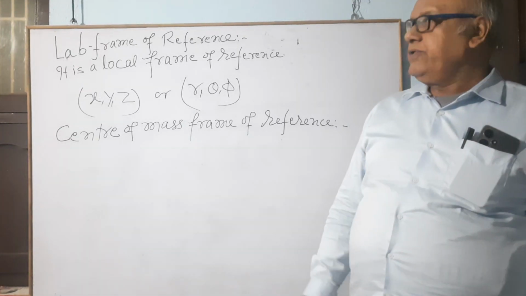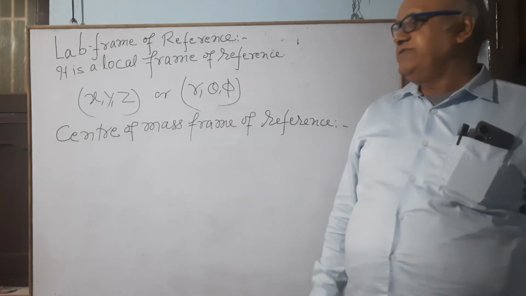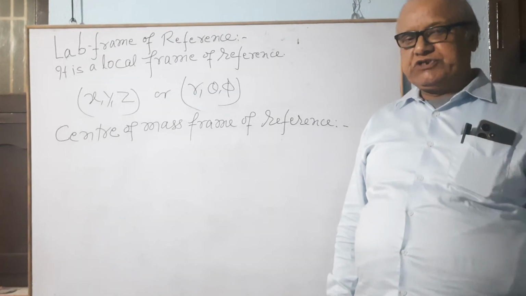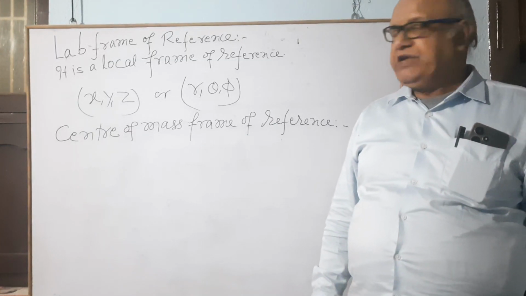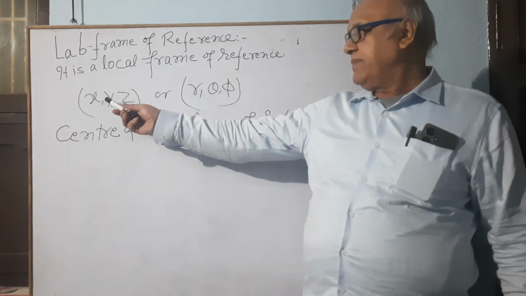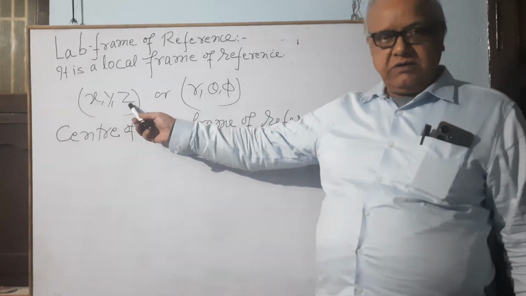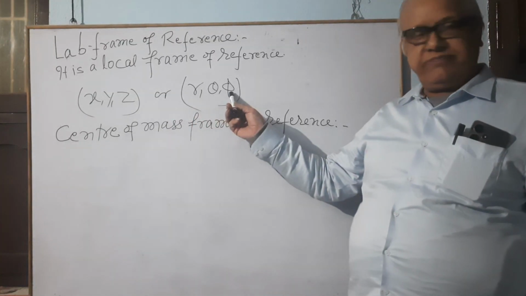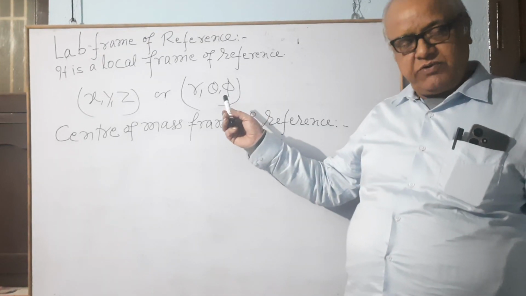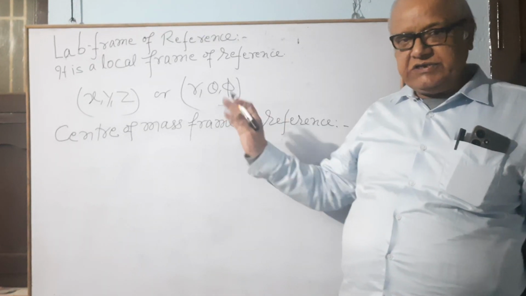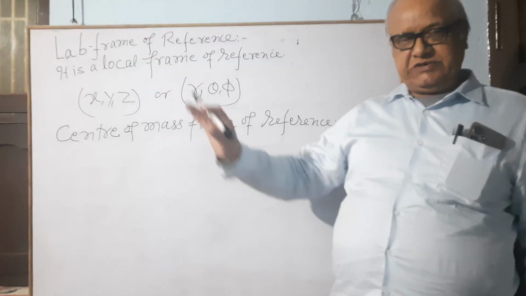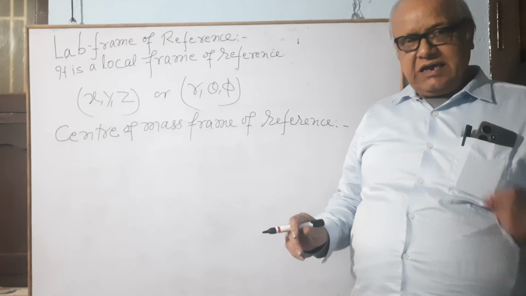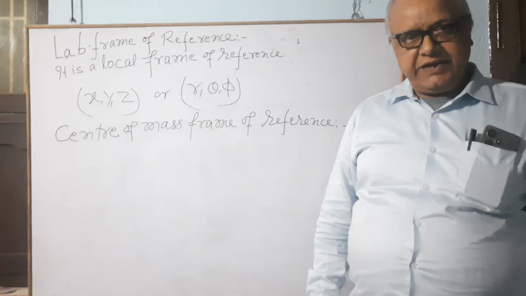As I have told that in lab frame of reference, to locate the position of a point, we take three coordinate systems, x, y, z, which is called Cartesian coordinate system, and r, theta, phi, which is called spherical polar coordinates, and the origin of both these systems is fixed with the laboratory.